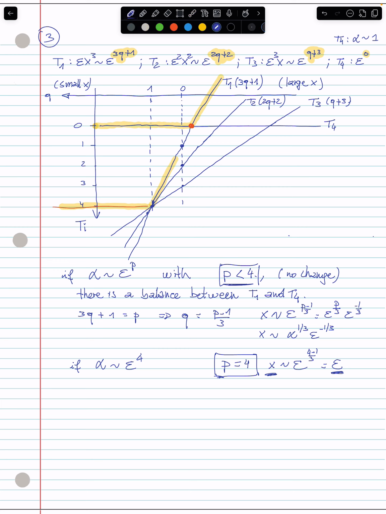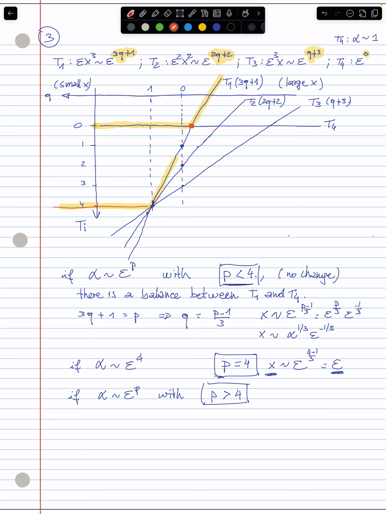And then if alpha now is epsilon to the p with p larger than 4, what happens?